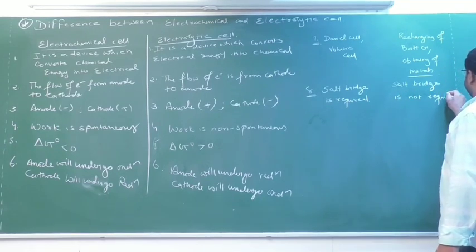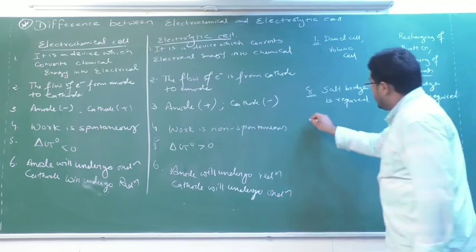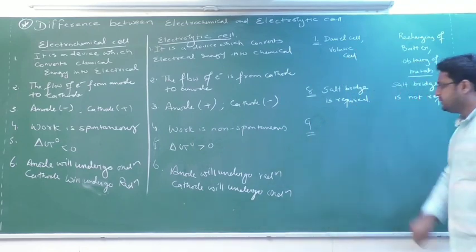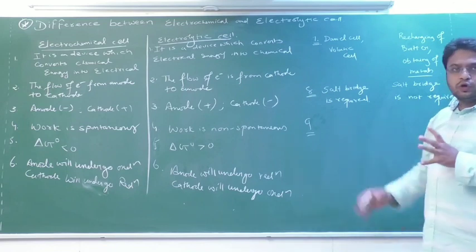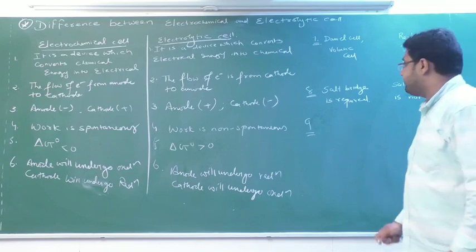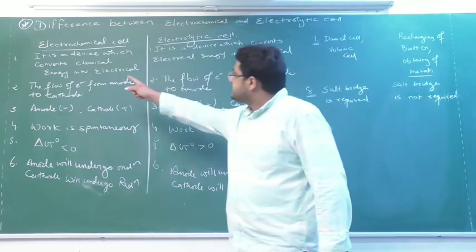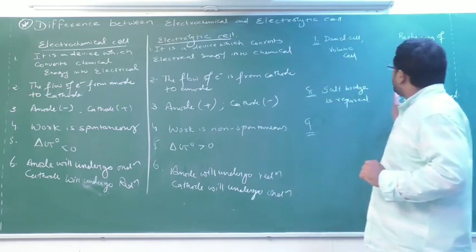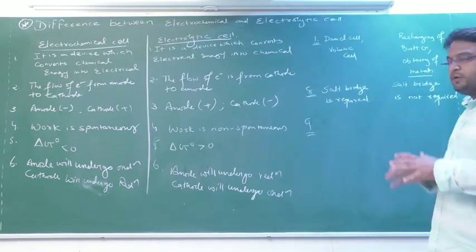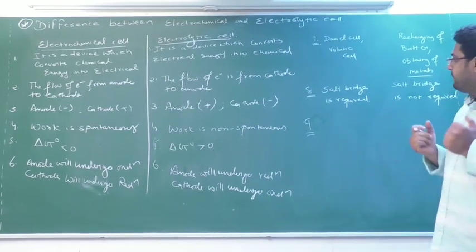Okay. One more point you can add, which is not so important, but for getting the knowledge, you can add it. The point is, see, in an electrochemical cell, there were two different compartments. Yes or no? In the electrochemical cell, one was the anode and another one was the cathode. But in the electrolytic cell, there are no different compartments. One compartment itself you can make into the electrolytic cell.